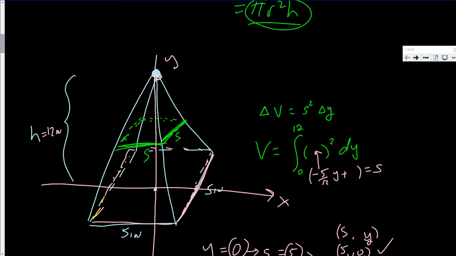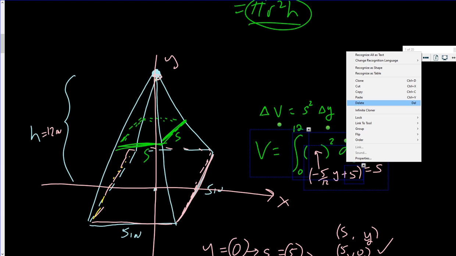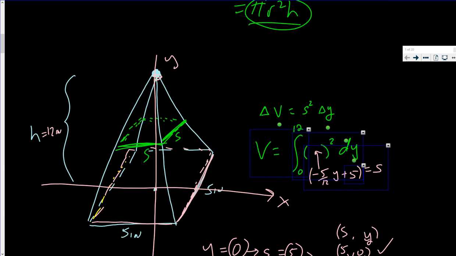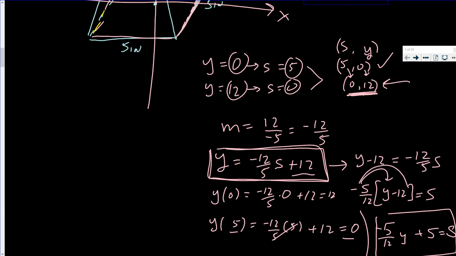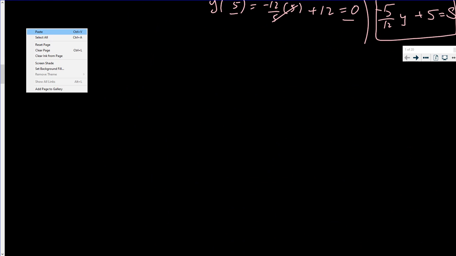Always double check. Everyone makes mistakes, especially me. Okay, so now this is what we want to integrate right here. So I'm going to copy that. Let us bring it down and let's solve this. Let's paste it.